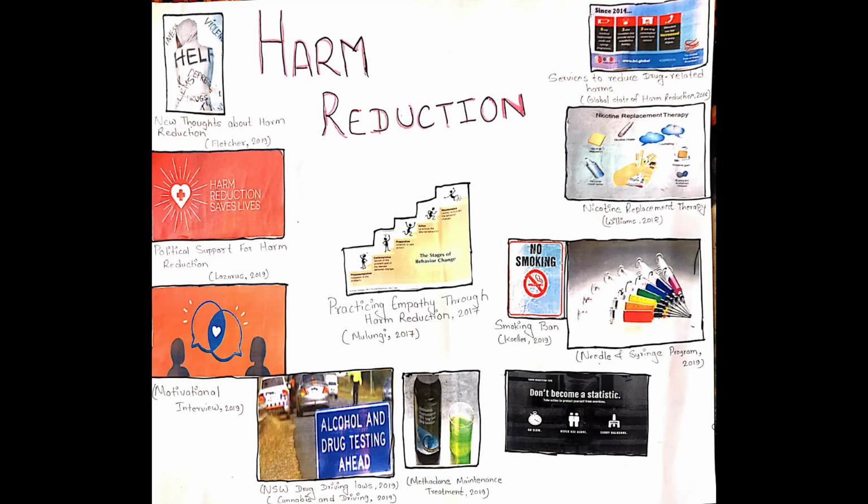In Australia, for 20 years, the needle and syringe program has been used as a harm reduction measure to minimize the risks of the spread of blood-borne viruses, HIV, and hepatitis C. Hence, harm reduction is the practice which helps in the reduction of drug-related and opioid-related harm.